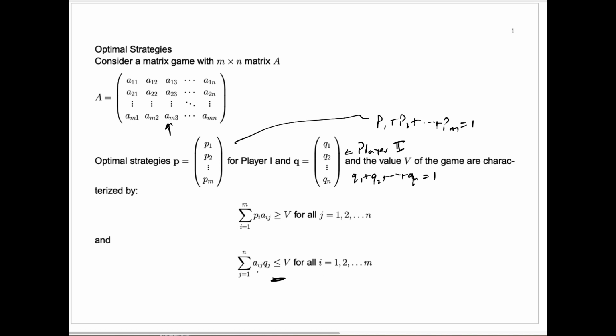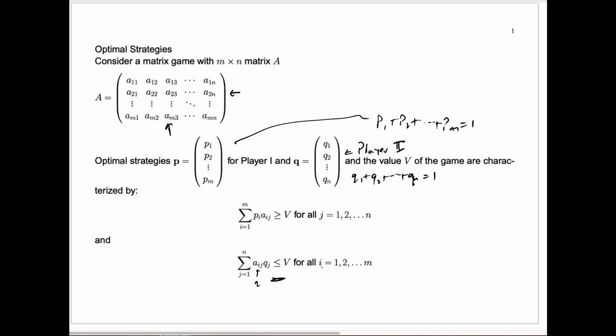For example, if i equals 2, just look here at what that would say. The sum of a2j times qj is less than or equal to v. Well, in row 2 here, if player 1 plays row 2, the expected return is exactly a21 times q1 plus a22 times q2, etc. That's exactly what we have here.